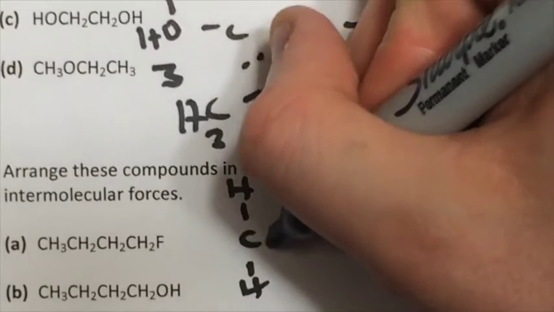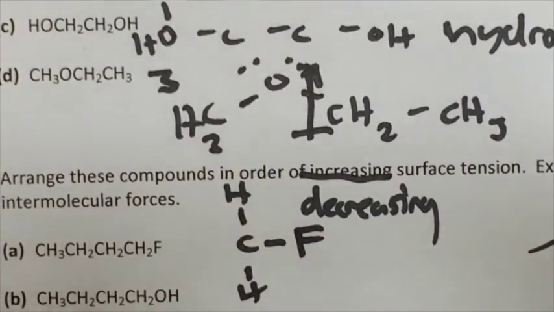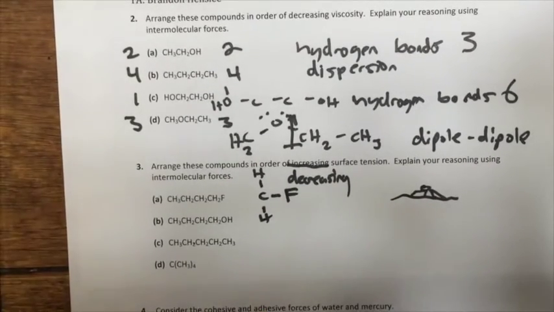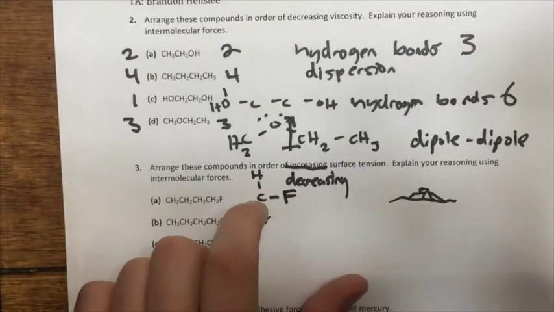So this fluorine is bound to the carbon, not to the hydrogens, okay? So a C-F bond has a high difference in electronegativity. So this will be a polar bond.